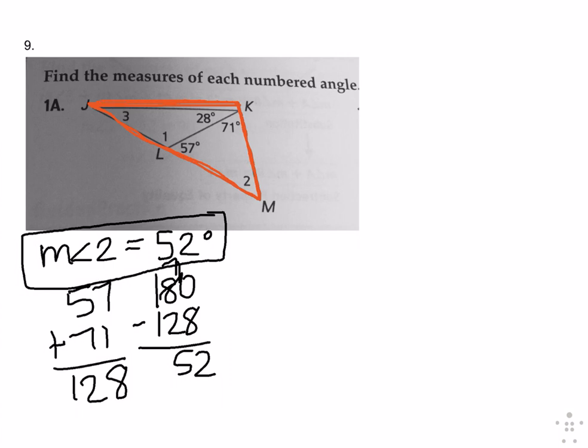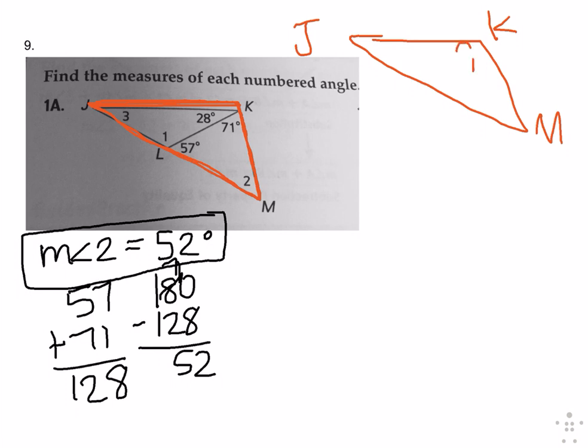So if we look at triangle JKM, we know that the measure of angle K is 99 degrees. Where am I getting that from? Well, here, if I add 71 plus 28, we get 99. And the measure of angle M is 52 because we just solved for it.